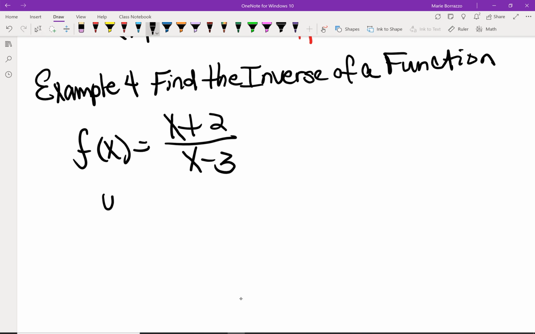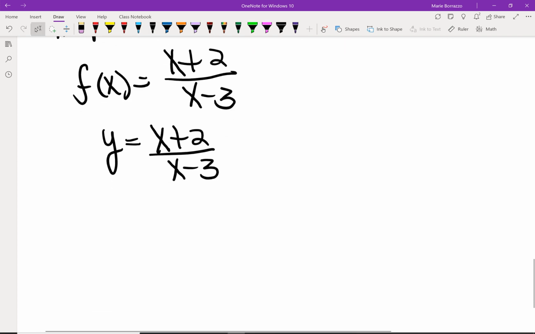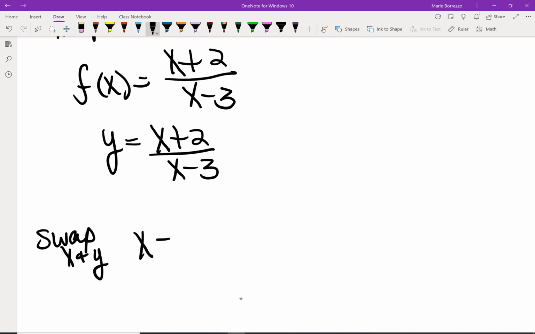We continue with changing f of x to y, and that is now equal to x plus 2 over x minus 3. So that's step 1. Next step, we're going to swap x and y. So this is the big swap. This gives us x equals y plus 2 over y minus 3.